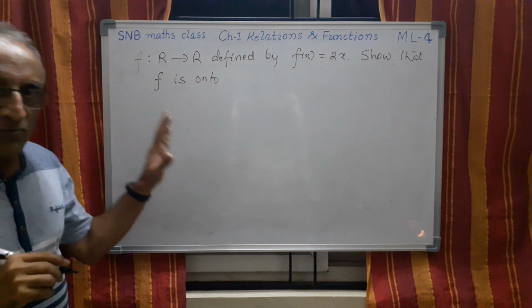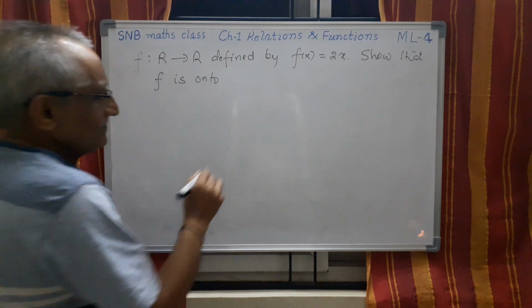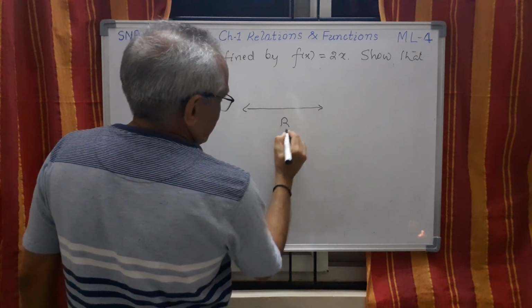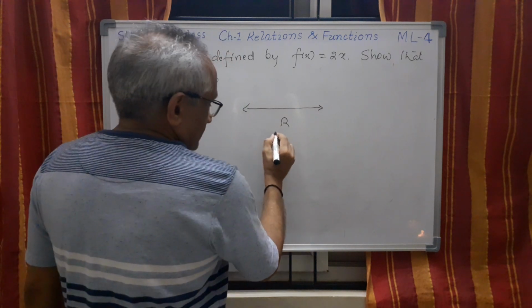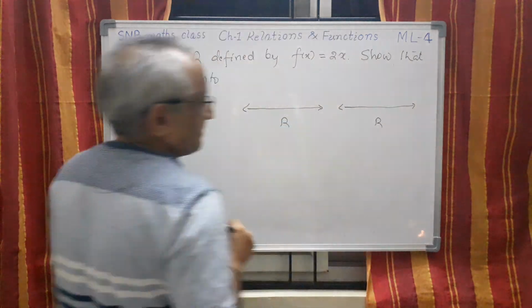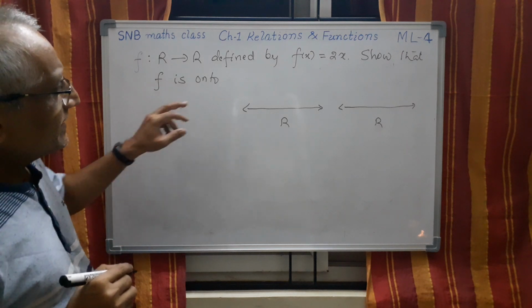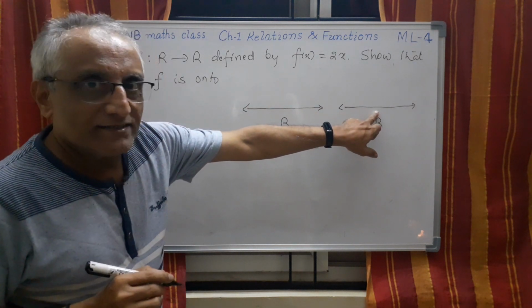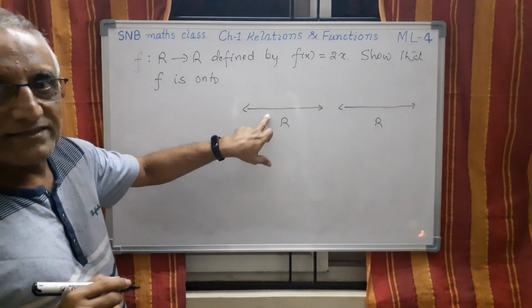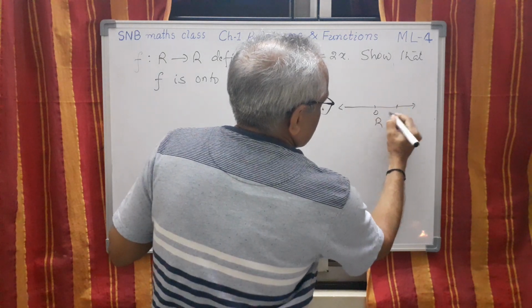Now before proving, let me first give an idea why it is onto. Let me use the diagram. This is R, the number line. This is the domain, and this is R, the codomain. According to the definition, any number here should be the image of some number here. Let me write just two numbers, 0 and 1.